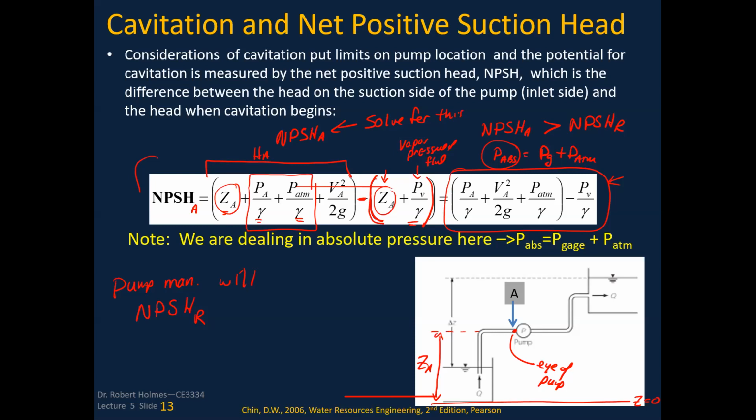Even in Chin's chapter 2, which I've given you, he gives a shortcut equation for this, based on a reservoir problem. It's got the delta Z in it and some other things. Don't be lured into that. Always go back to first principles when working one of these problems, first stating this definition. That way you end up working the problem correctly.